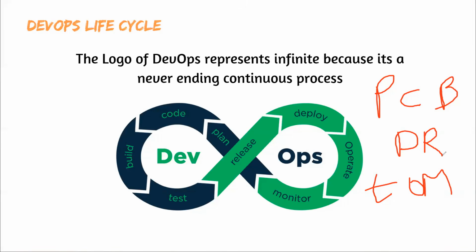His name is Tom. See, P for plan, C for code, B for build, T for test, R for release, D for deploy, O for operate, and M for monitor. The difference between SDLC and DevOps is that DevOps has the release option. But in SDLC, do we have a release option, sir? That is the only difference.